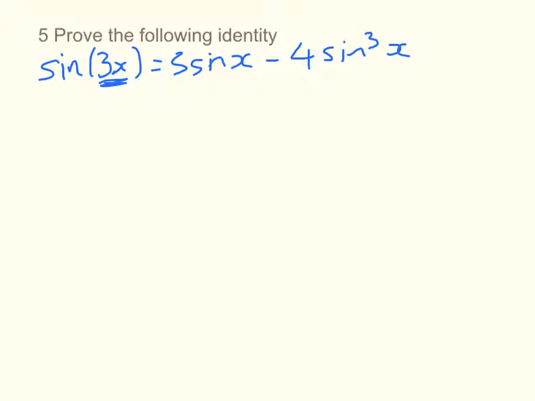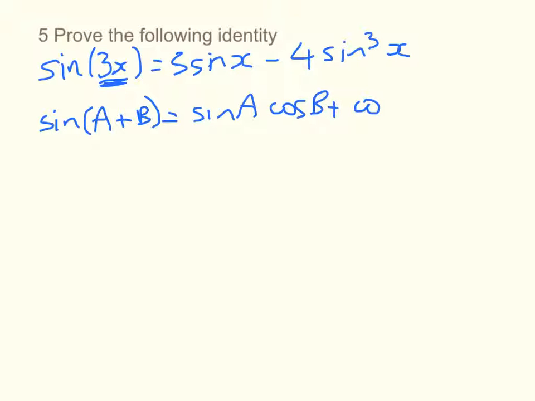Now, we don't know explicitly how to write that yet, but we do know how to write out sine of a plus b. Sine of a plus b is sine of a cos of b plus cos of a sine of b.